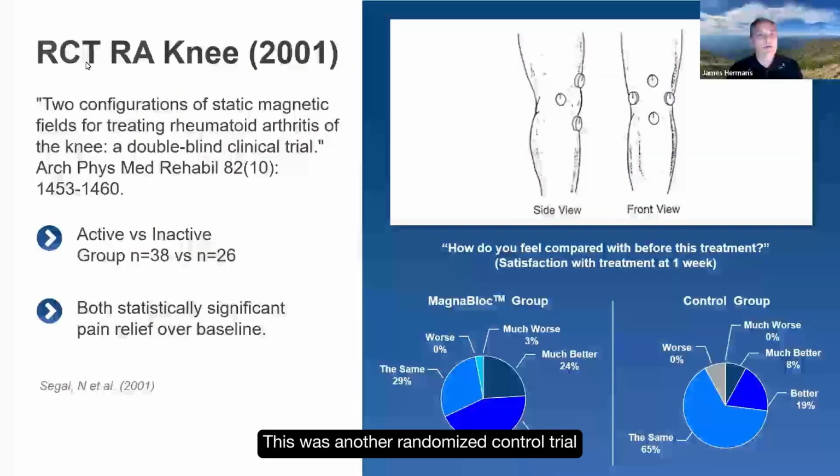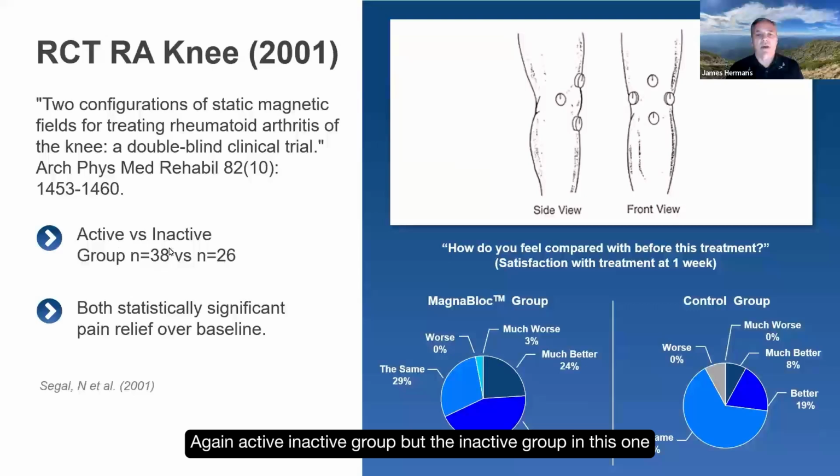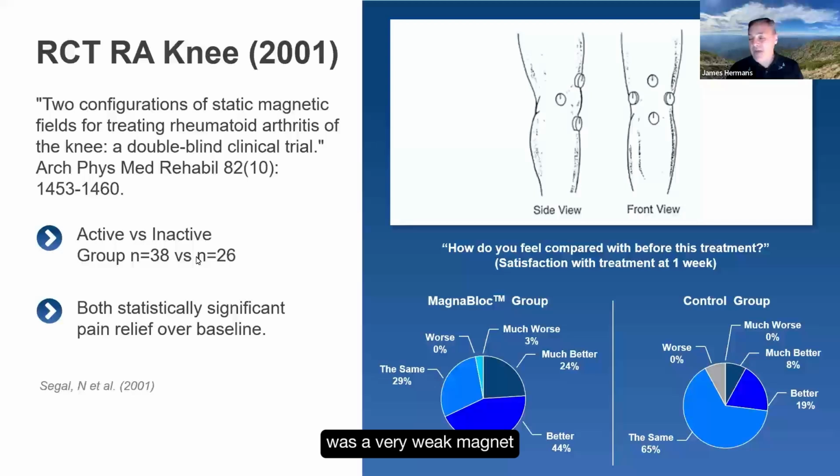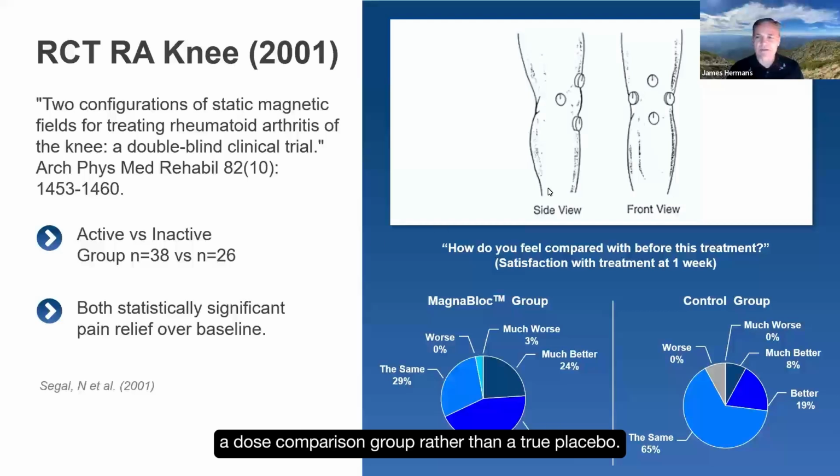And this was another randomized controlled trial with two configurations of static magnets for rheumatoid arthritis of the knee. Again, an active and inactive group, but the inactive group in this one was a very weak magnet. So you could say this really was a dose comparison group rather than a true placebo.